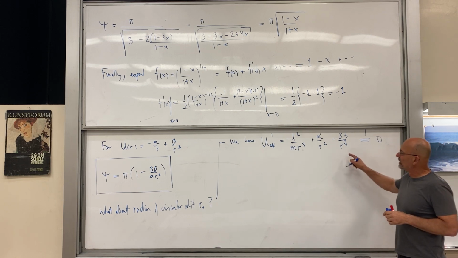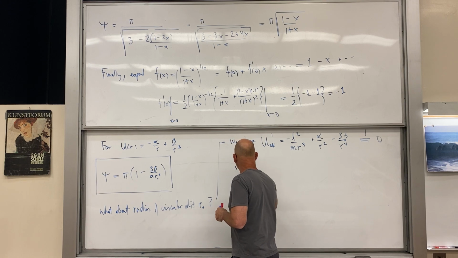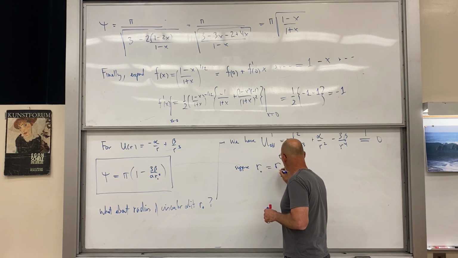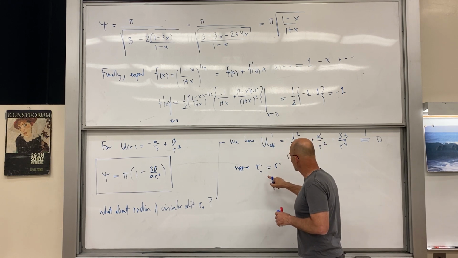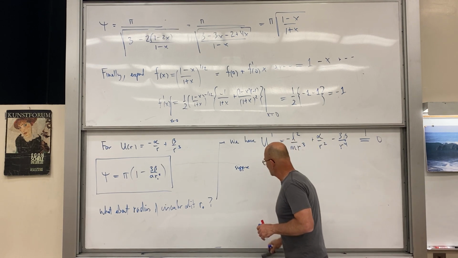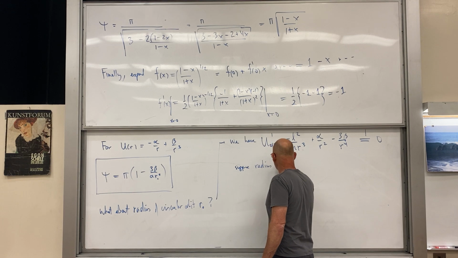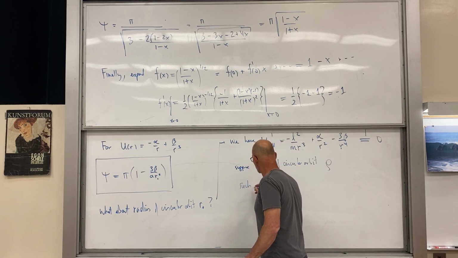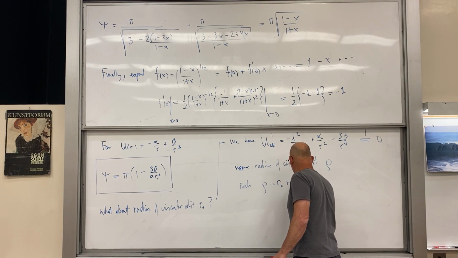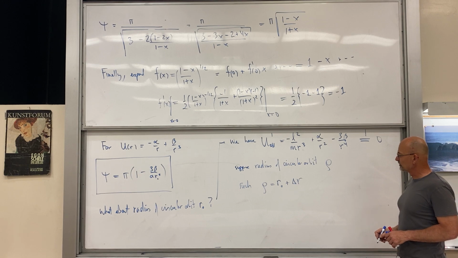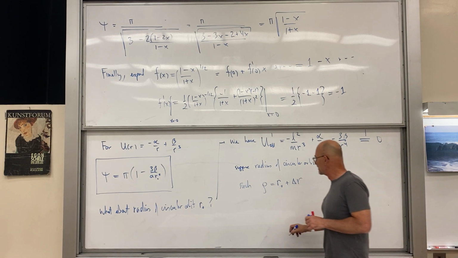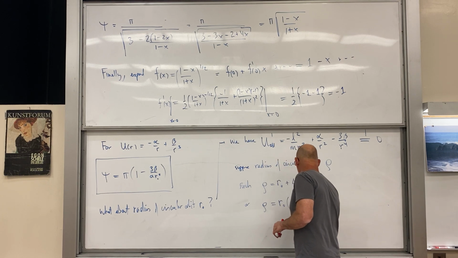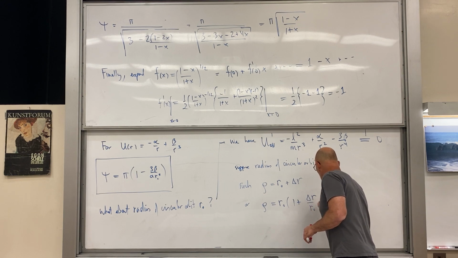So what you have to do is suppose the radius of circular orbit is rho, just to use another letter, such that rho is equal to R0 plus delta R. As long as delta R is small, we can say rho is equal to R0 times 1 plus delta R over R0.